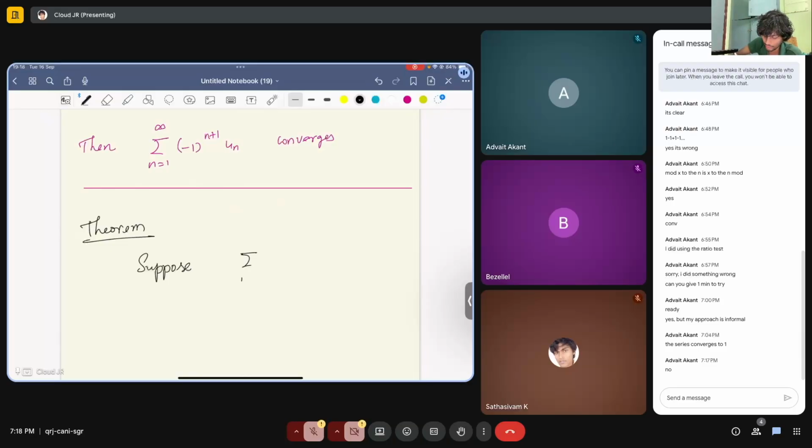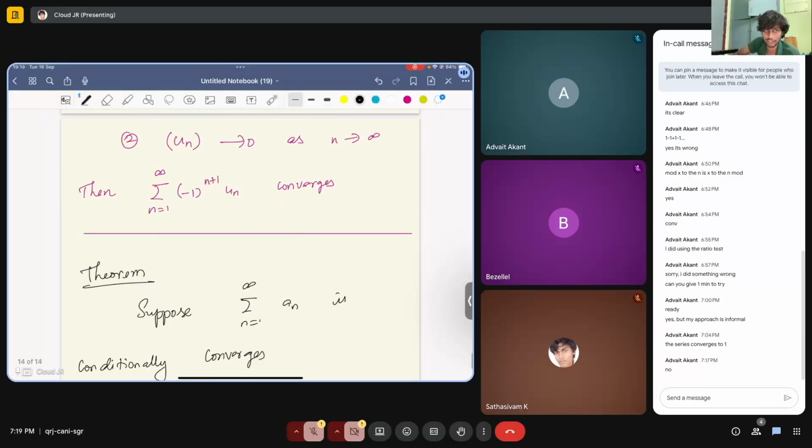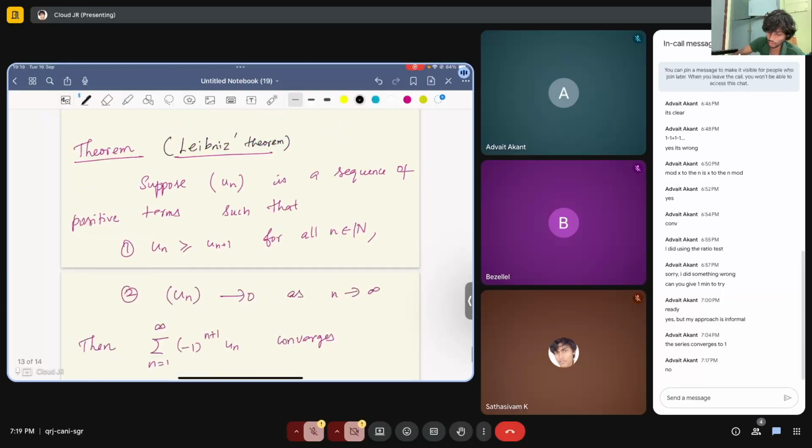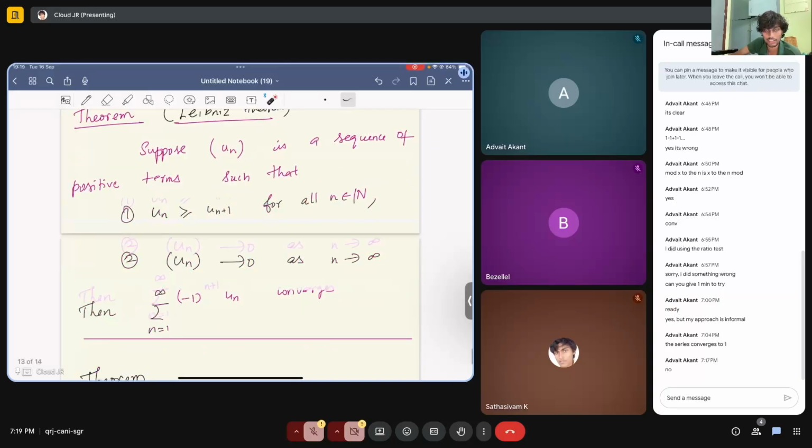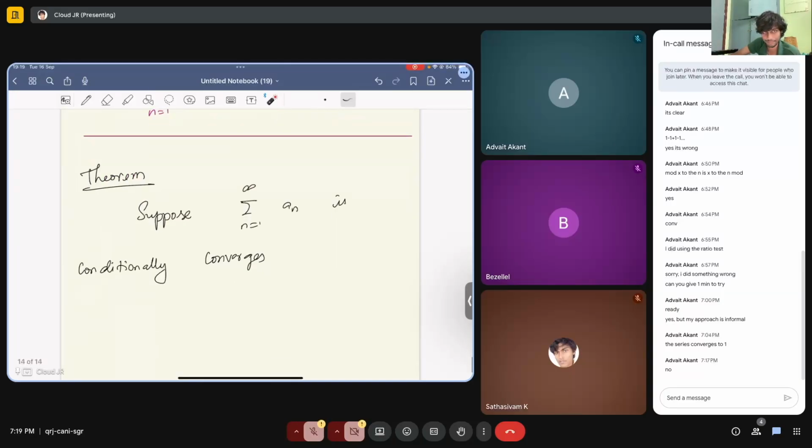Suppose you have the series summation n equal to 1 to infinity a_n, and it conditionally converges. Conditional convergence means it is not absolutely convergent, but the series is convergent. Then it is called conditionally convergent.